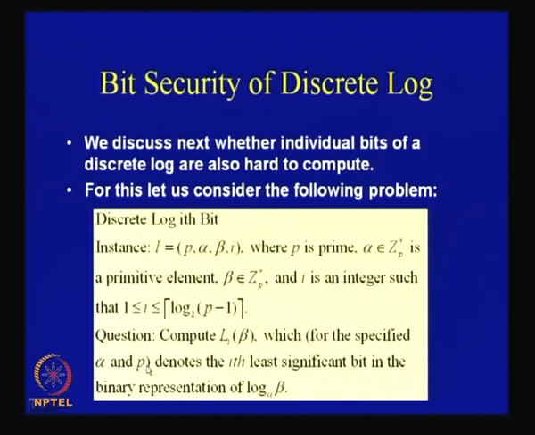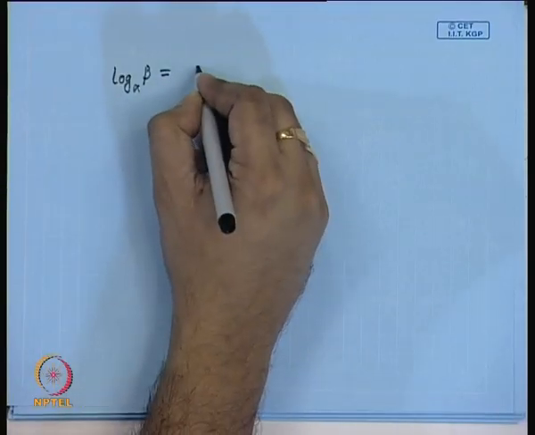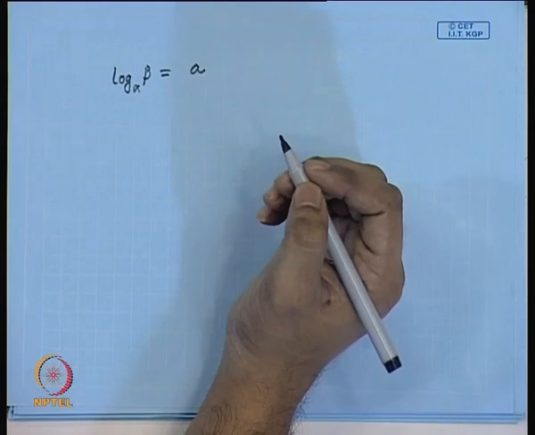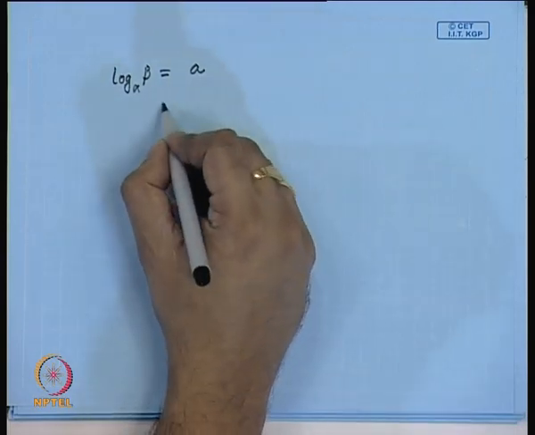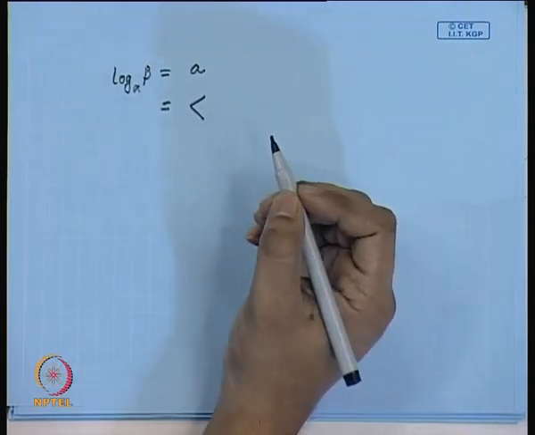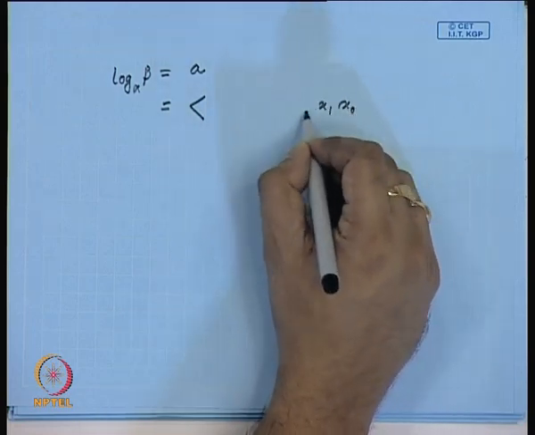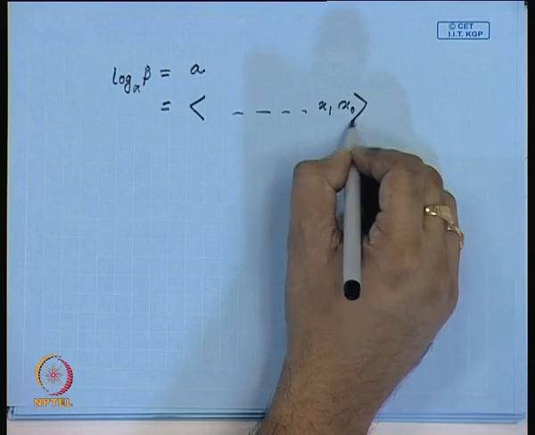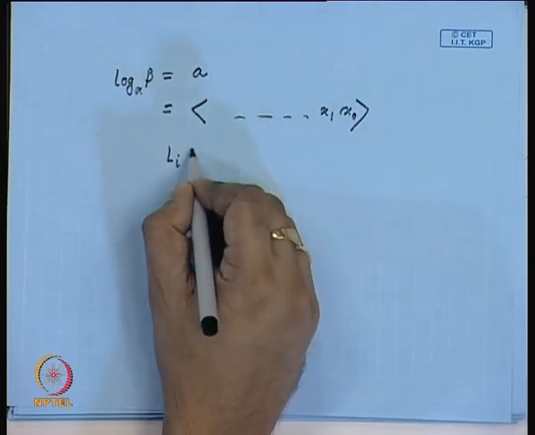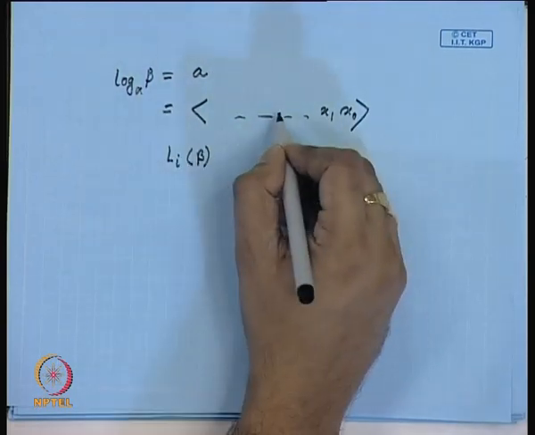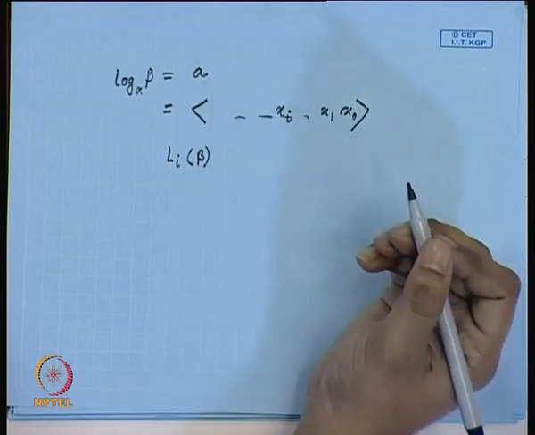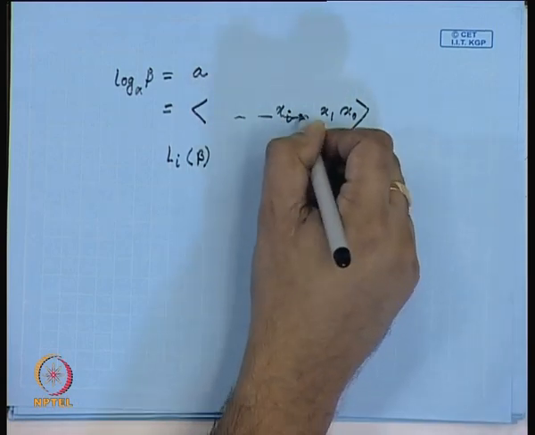So the logarithm of beta base alpha is denoted as a. Now a can be represented using binary values, so I can start with x0, x1 and so on. My problem when considering Li beta is to compute the value of xi, or rather xi minus 1.